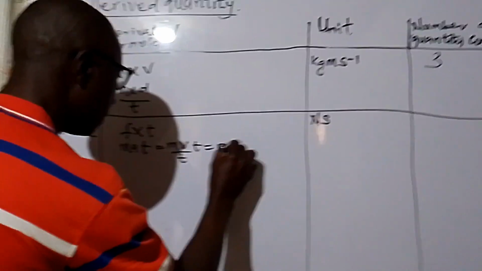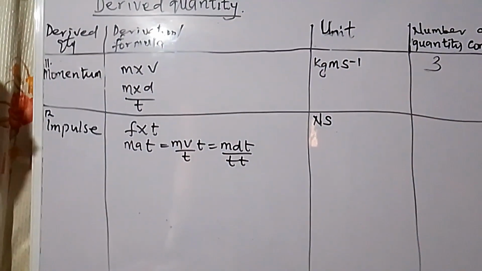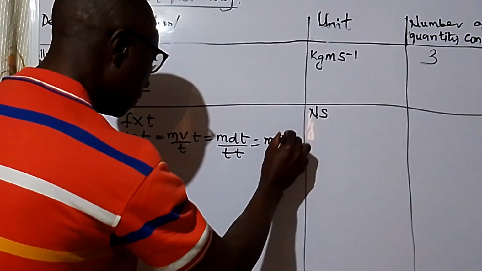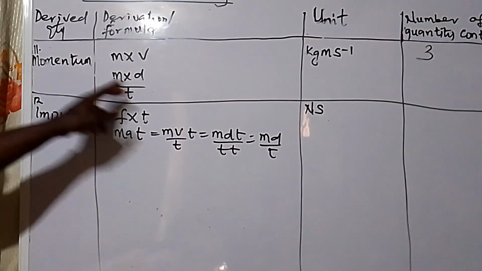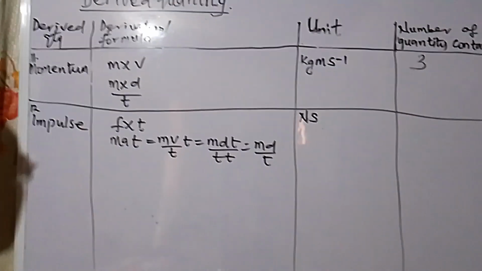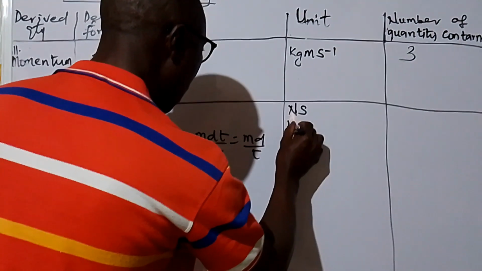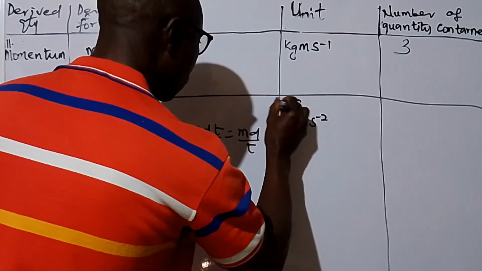It will be M d over t. You can look at it, the same thing as momentum. Therefore, another unit for impulse can be kilogram meter per second. That is number 2 unit.